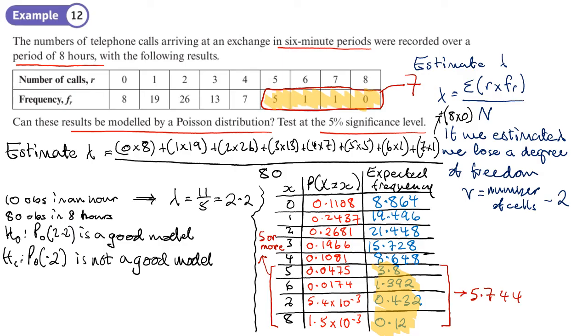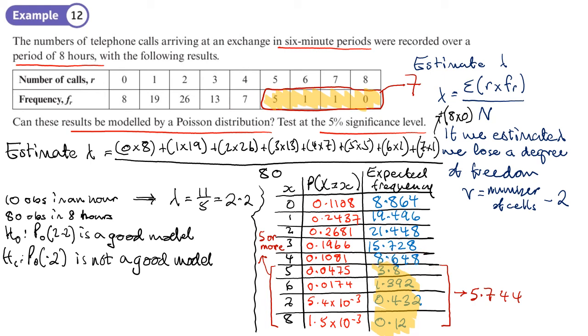Okay, so when we do the calculation to work out x squared now, we're going to do 8 squared over 8.864 plus 19 squared over 19.496 plus 26 squared over this plus 13 squared over this plus 7 squared over this.